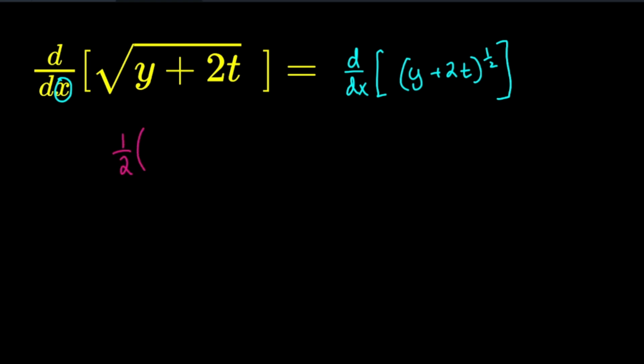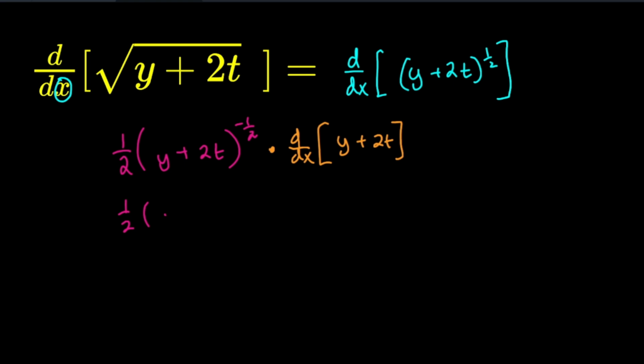So we bring the 1/2 down, we leave the inside the same, and then we subtract 1 from the old power. So 1/2 minus 1, which is negative 1/2. But we have to remember to multiply by the derivative with respect to x of the inside, which is y plus 2t. So the first part, nothing changes.